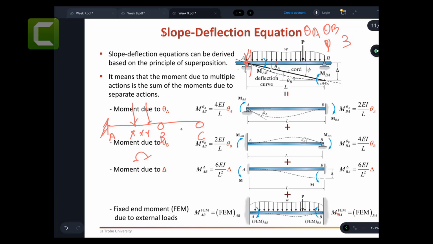They are not happy. BA, BC, they are happy because there is no loading coming onto the members. They are happy if the loads are coming onto the joints. They are happy when the loads are at least on the joints. That is the displacement method. That's the nature of the method.